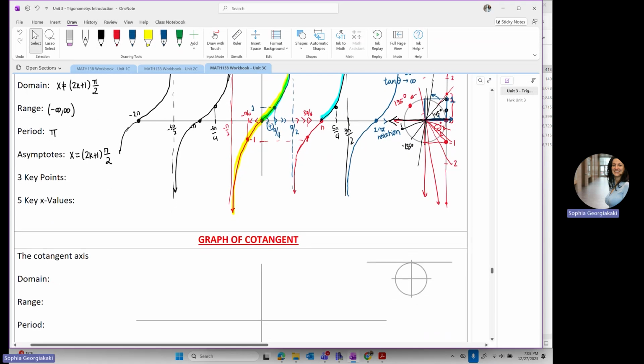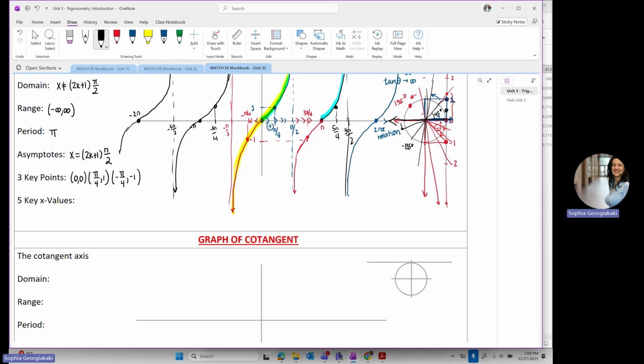We have 3 key points. 0 is an intercept, and then 45 degrees has a tangent equal to 1, and negative 45 degrees has a tangent equal to negative 1.